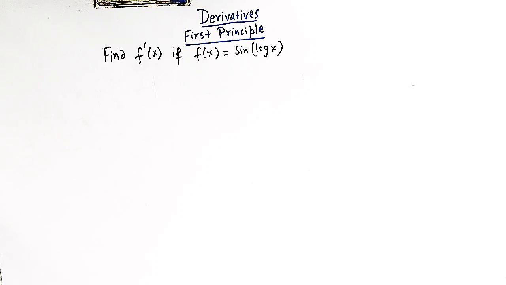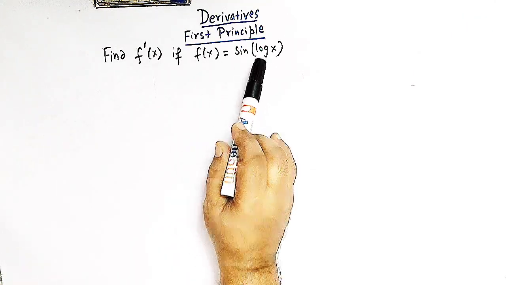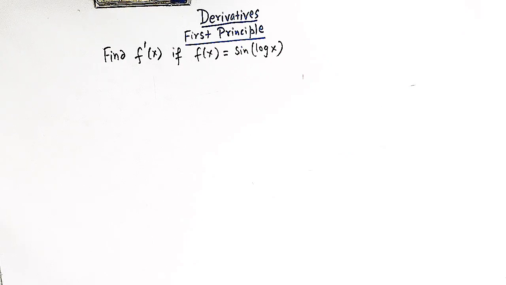Hello viewers, in today's session we are going to discuss another very important and conceptual problem from differentiation. Here we are going to find out the derivative of sine log x with the help of first principle.